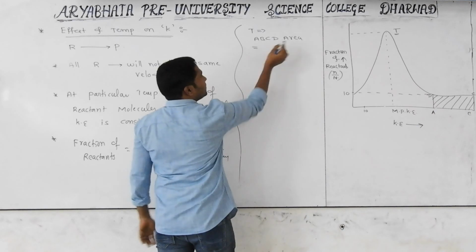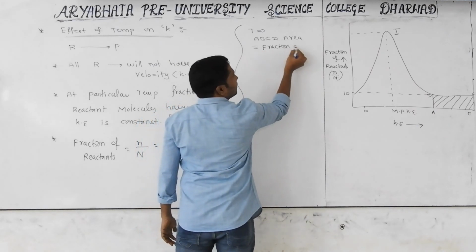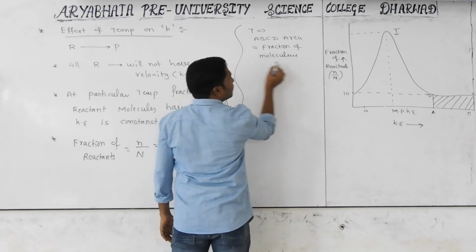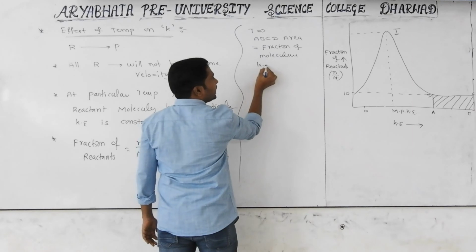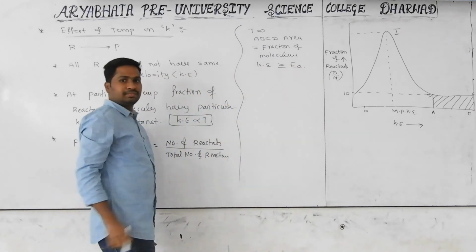The ABCD area gives information regarding the fraction of molecules whose kinetic energy is greater than or equal to the activation energy.